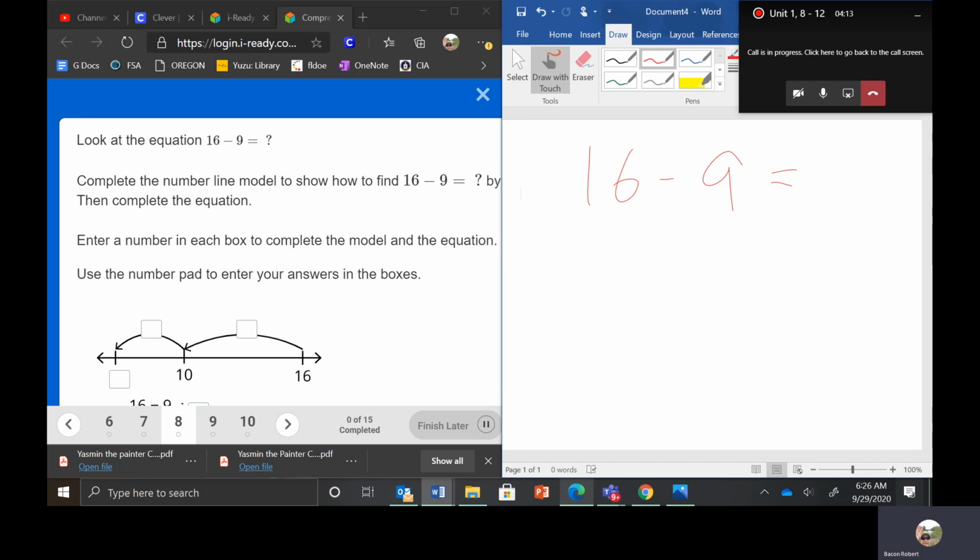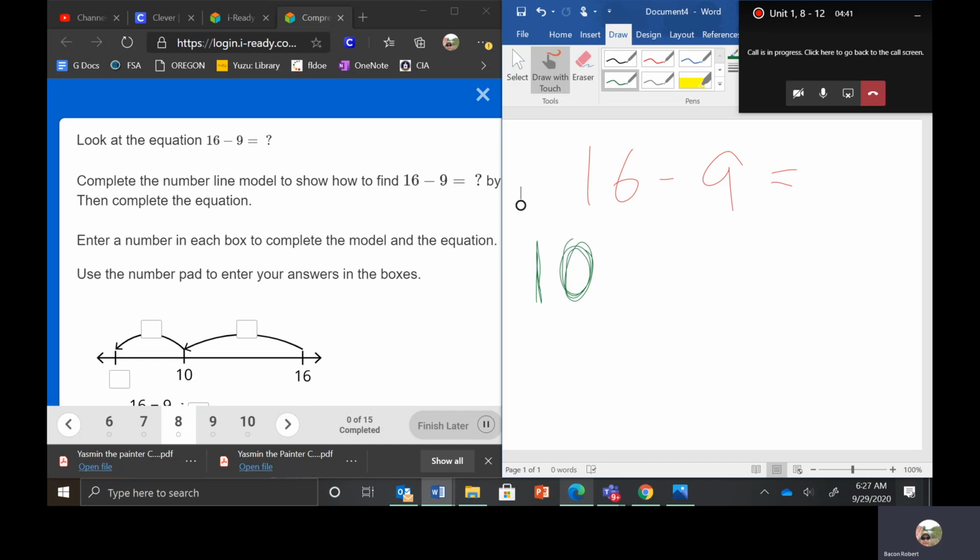And we're using our friendly number, our benchmark number, our 10. Because 10 is a number we know and a number that we can start from easily and recognize how far it is from other numbers.